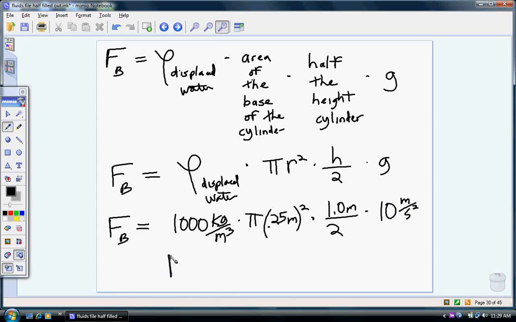So the buoyant force is going to equal, what does that come out to be? 981 newtons.